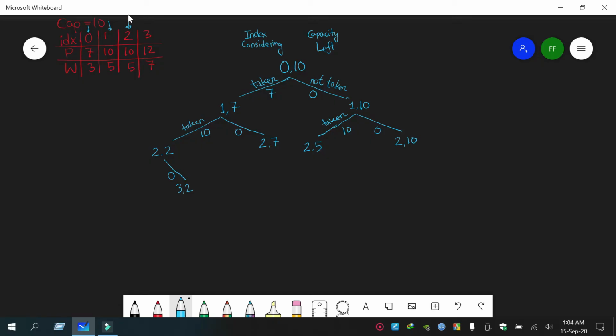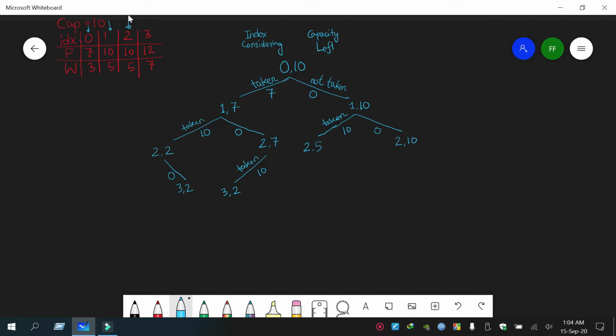Now from 2, 7, we can take the item at index 2 because the leftover capacity is 7 and the weight of the item is 5. So if you take this item, then let's say it's taken and the price that will be added is 10 because the price of the item at index 2 is 10, and the index will increase to 3 and the capacity will reduce to 2 because the capacity was 7 and the item that we have taken weighs 5, so it will be reduced to 2.